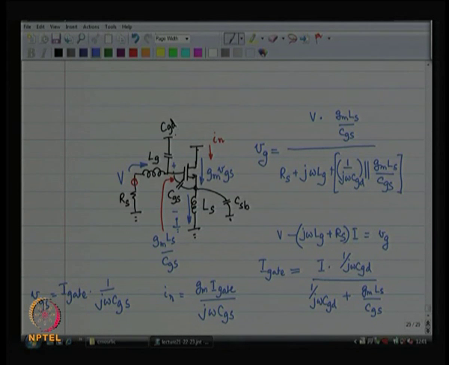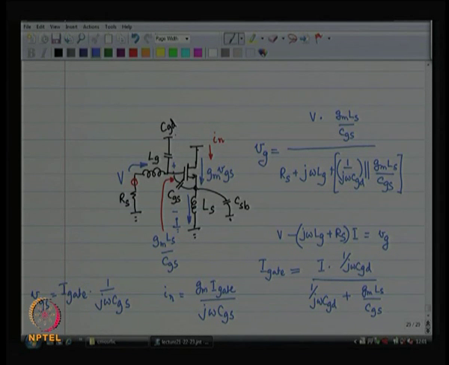All right. So, now you know I n in terms of V. Do you know I n in terms of V? Yes, because I know V g in terms of V. If I know V g in terms of V, then I know I in terms of V. If I know I in terms of V, then I know I gate in terms of V. If I know I gate in terms of V, then I know I n in terms of V.